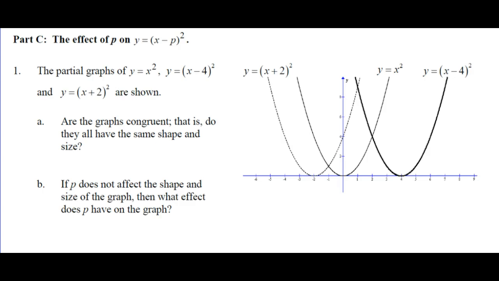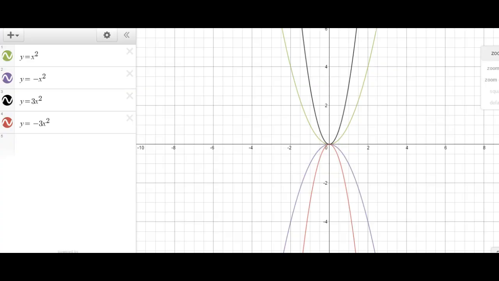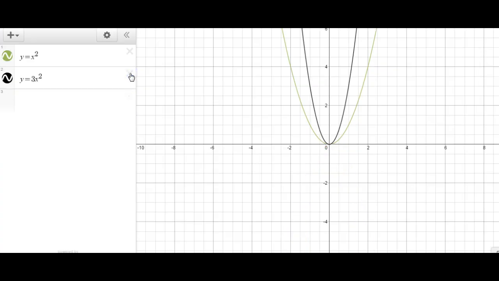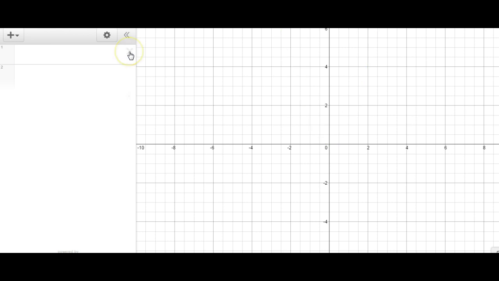The effect of p on y equals (x minus p) squared. Okay, so we're just going to go to here, and we're going to kill all these guys. And I'm going to write y equals (x minus p) squared.